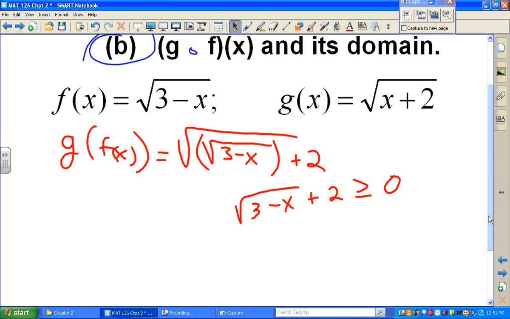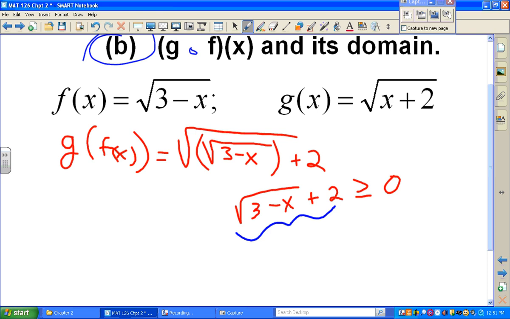Here's an example of a conceptual question I try to ask a lot. Is there any time the square root of 3 minus x is going to equal negative 3? No. The statement says, where is this going to be positive or equal to 0?